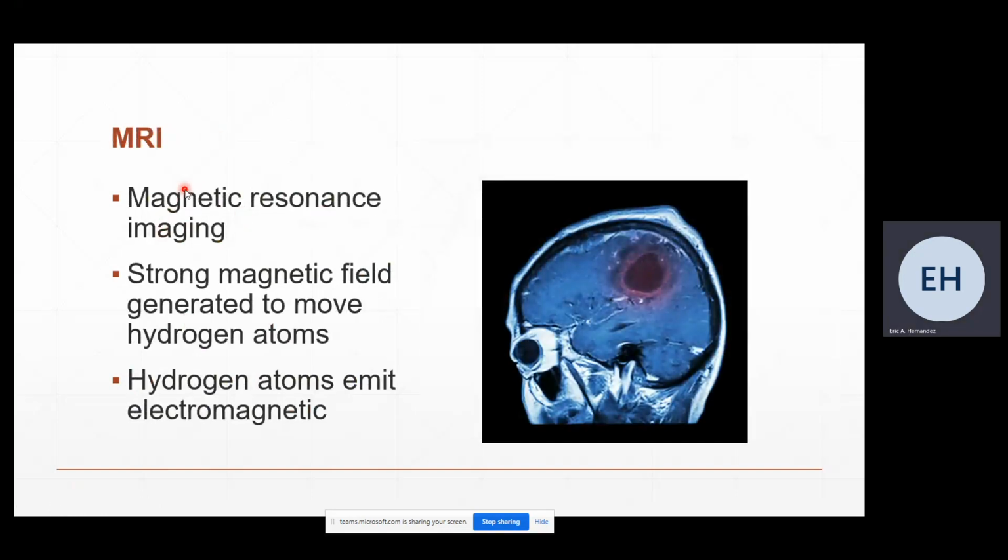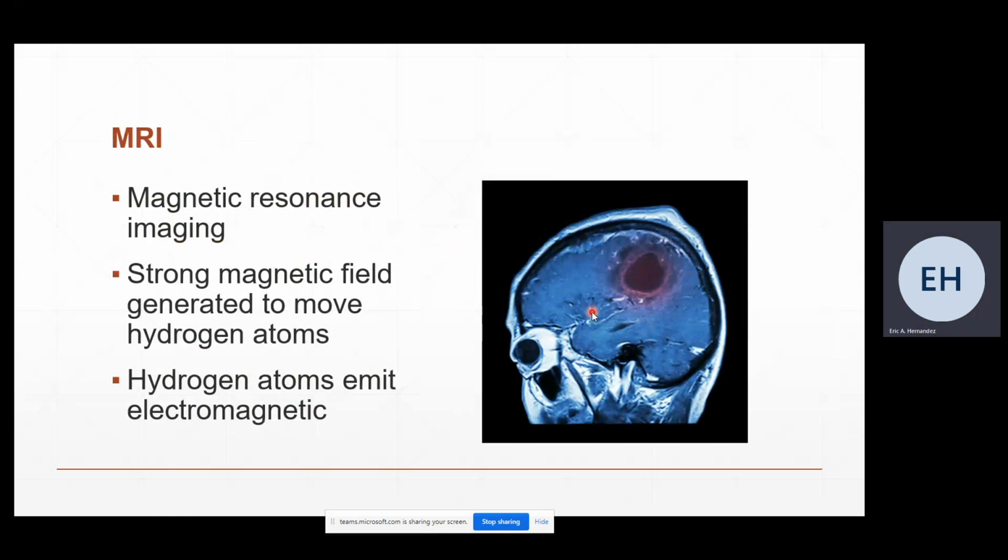We have MRI. MRI stands for magnetic resonance imaging. A strong magnetic field is generated to move hydrogen atoms. Hydrogen atoms emit electromagnetic radiation. So you can see that this tumor was highlighted by those hydrogen atoms emitting that electromagnetic field.